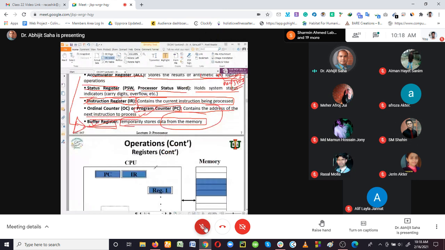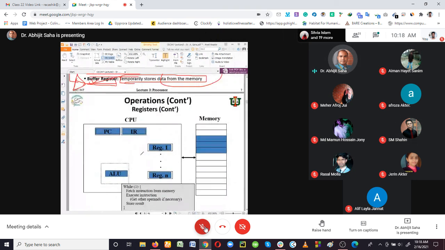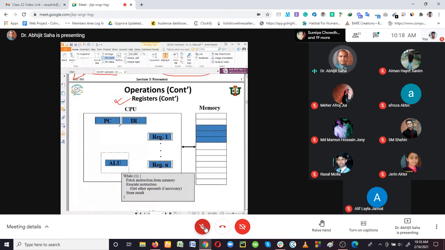Okay, so there is an example I have placed for your understanding of what actually happens while the CPU is doing the operations. This is my memory. I have considered that the memory has blocks, and each has an address: 1, 2, 3, 4, 5, 6, each time n plus 1, the previous location plus 1.